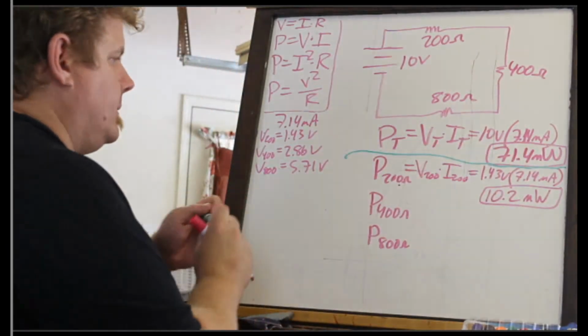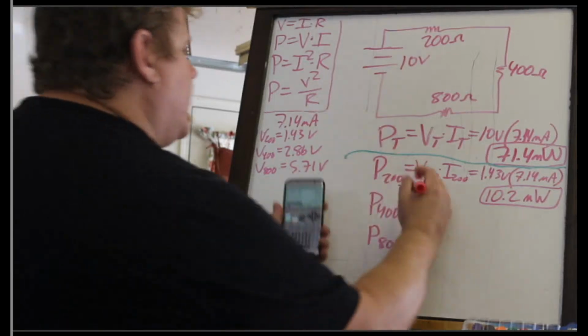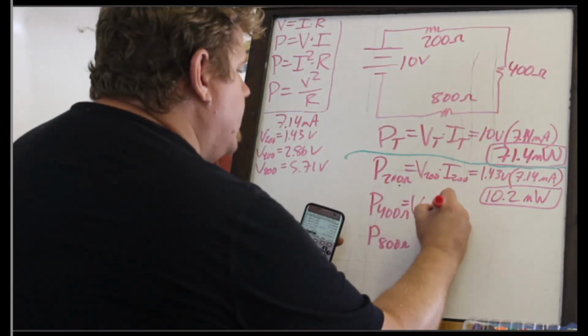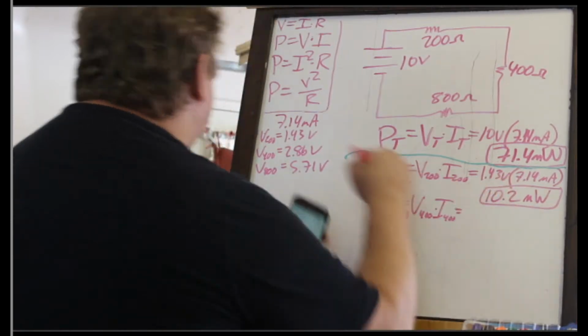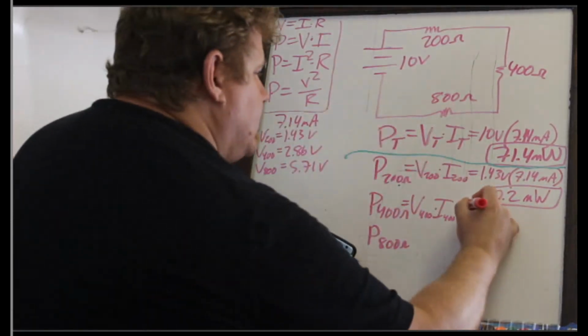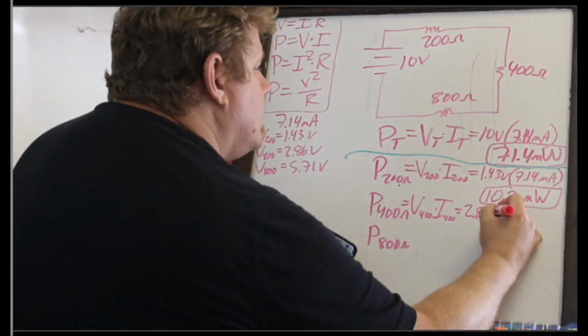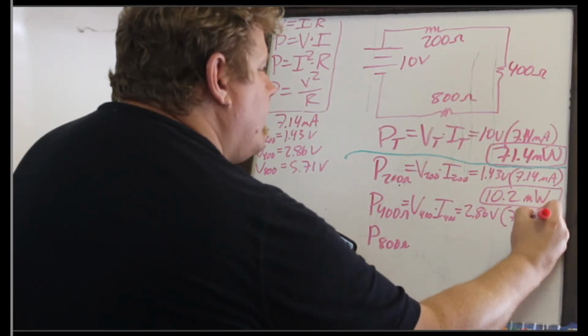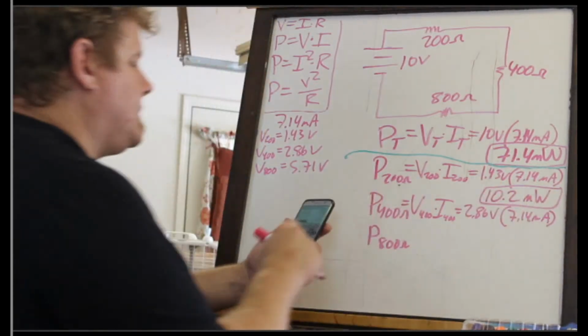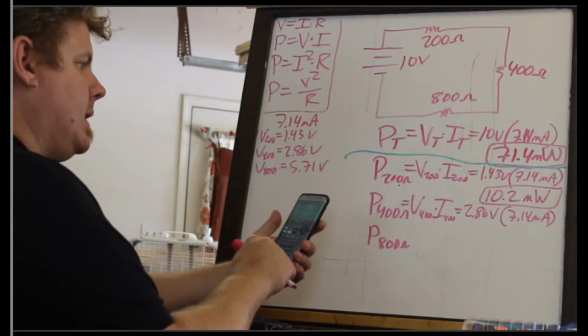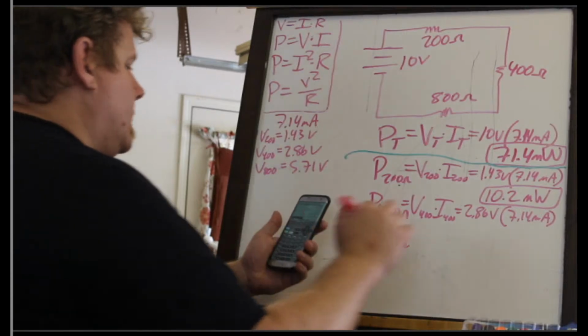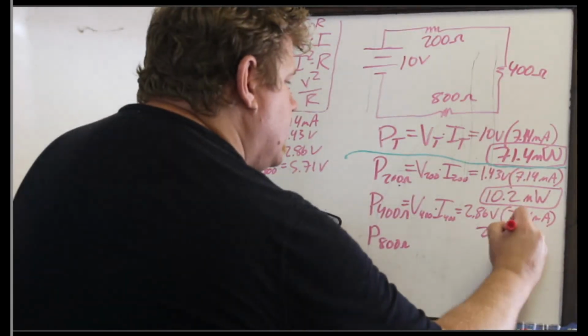Separate them out there. Okay, the next one. The voltage across the 400 times the current through the 400, which is, the voltage was 2.86 volts times 7.14 milliamps. And that gives me 20.4 milliwatts.